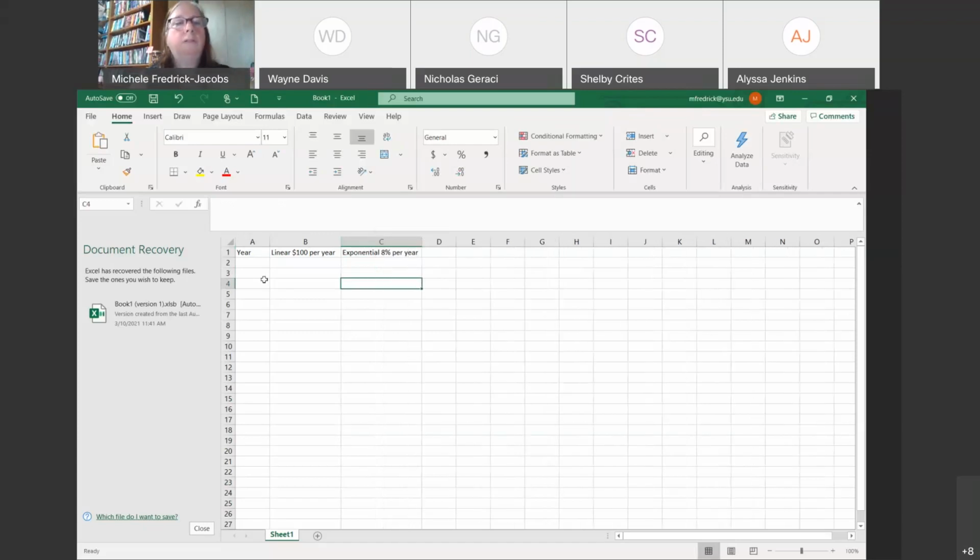Okay, so the 2 examples we did were linear, and we did $100 per year. And the other example we did was exponential, and it was 8% per year. And we start with $1,000.